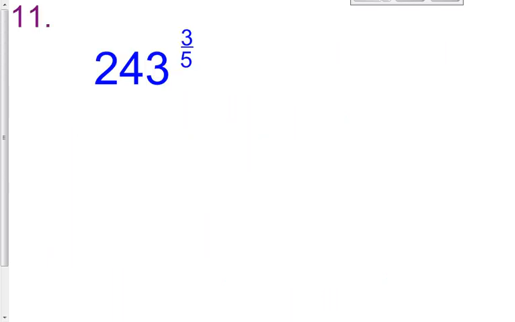So 243 raised to the 3/5. This is in rational form. Let's change it into radical form. So it's the same thing as the 5th root of 243 cubed. All right, kind of an overwhelming number here. Is there a relationship? When we're doing problems like this, the skill is to reduce these.